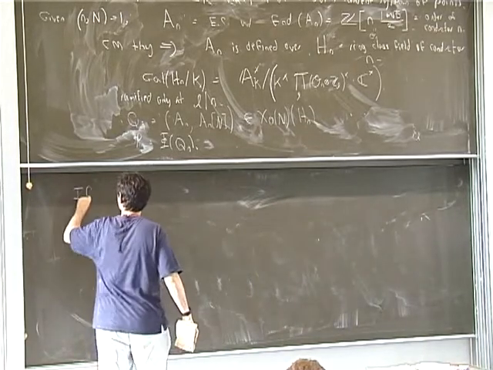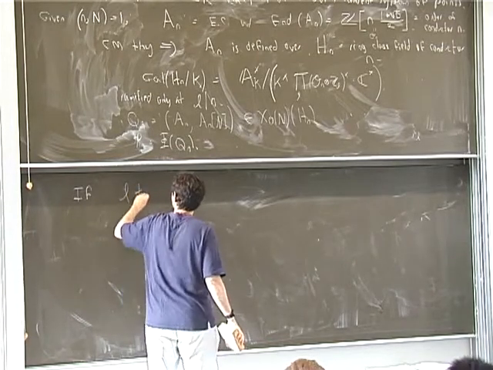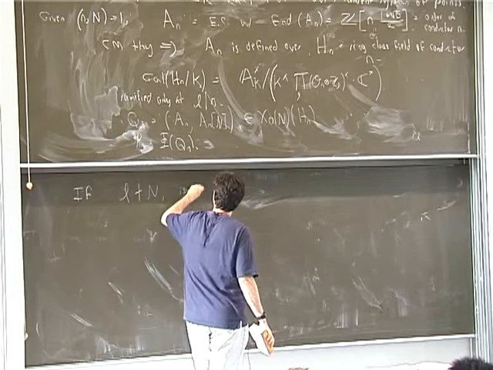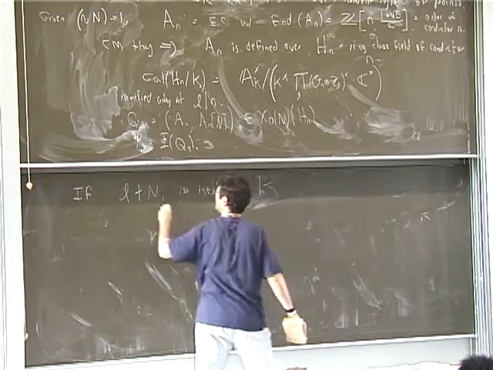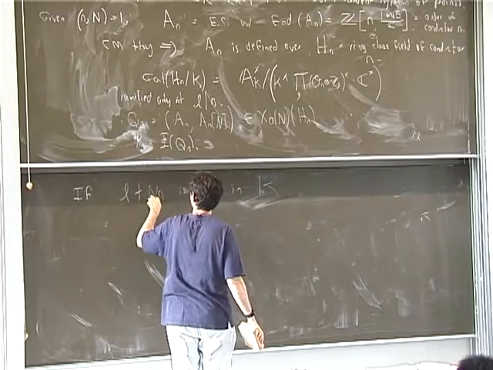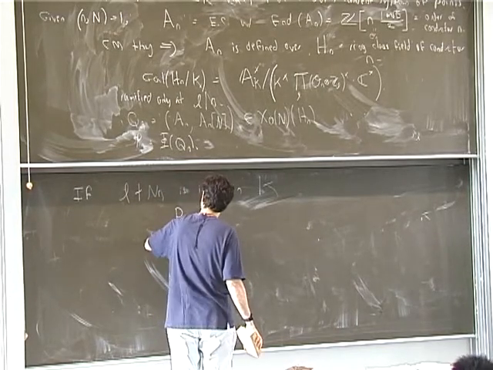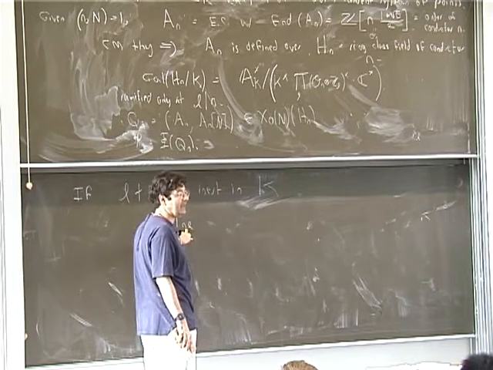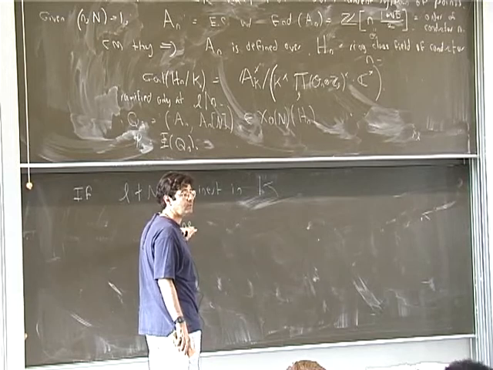So if I have a prime L, not dividing capital N, which is inert in K, so L not dividing capital N or little n, then I can consider the Heegner point P sub NL of level NL, which is defined over the ring class field of conductor NL.